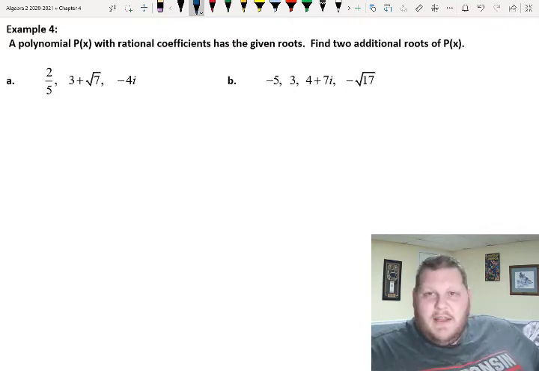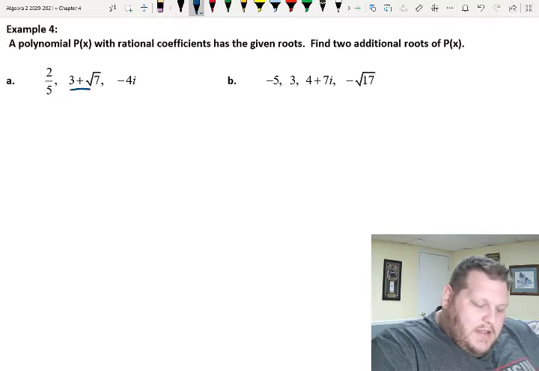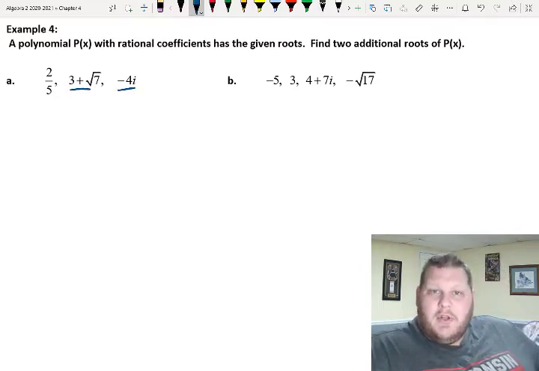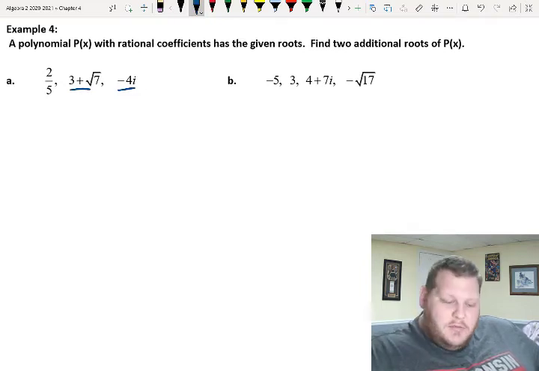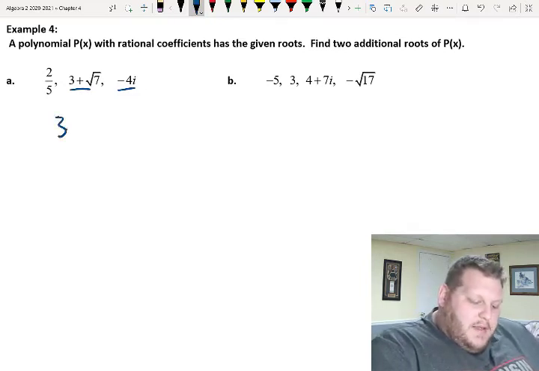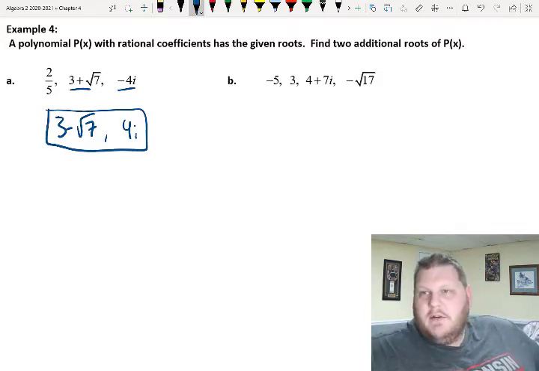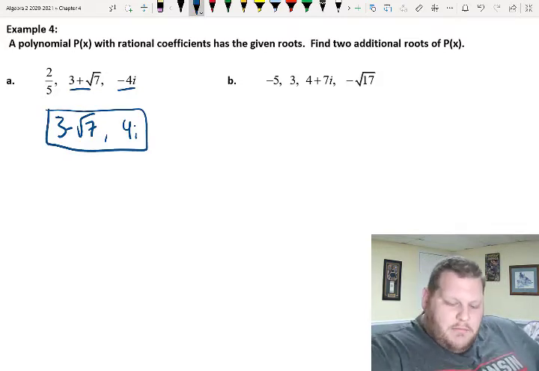So that one doesn't tell me anything in addition. But these 2 roots are complex or irrational, so I can identify 2 more from that. So 3 minus the square root of 7 is also a root. And then negative 4i also has to be a root. Those would be 2 additional ones that I have there. Same thing with part B here.